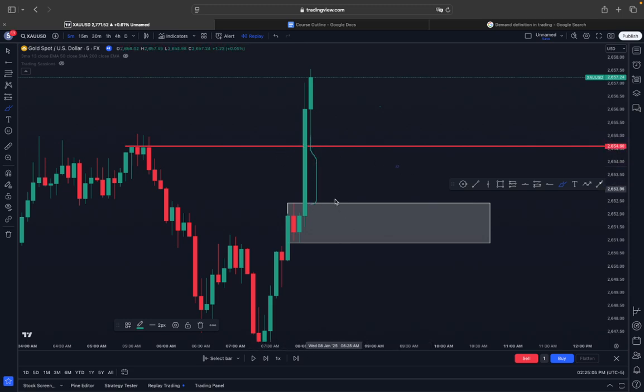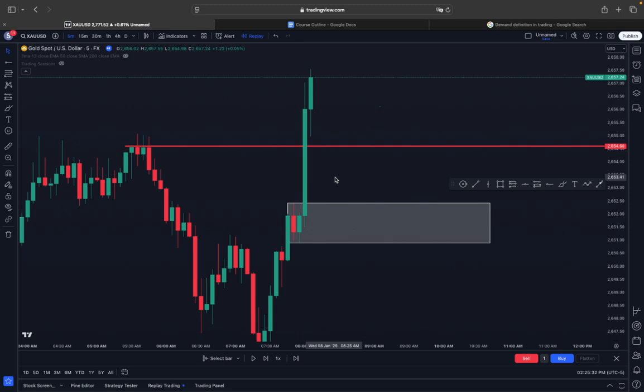That wick didn't come and tap this zone. I'm gonna try and get it to go straight just so there's no confusion. But you should get what I'm saying here. Boom. It did not do this move. This candle's wick did not come and tap into this zone immediately after the breakout candle, deeming valid demand.